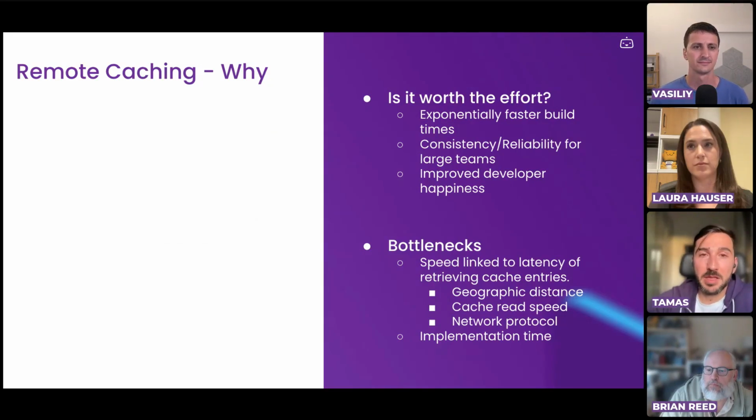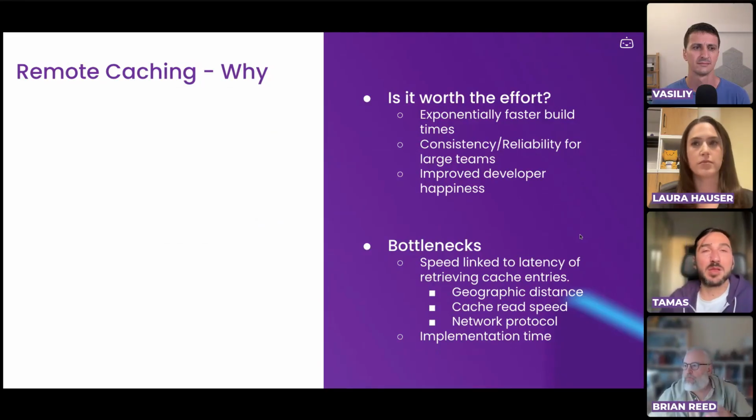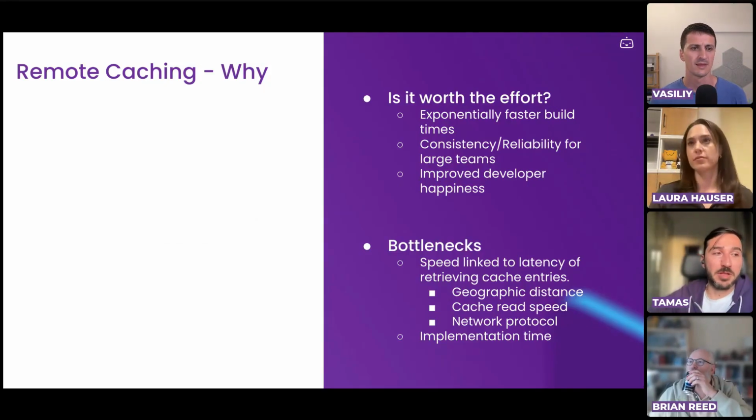Network latency is one of the largest bottlenecks that you can face. The geographic distance, the cache read speed, the network protocol, all of these play a huge role in the speed up that you can achieve through a remote build cache solution. And of course, the implementation time is quite crucial as well.